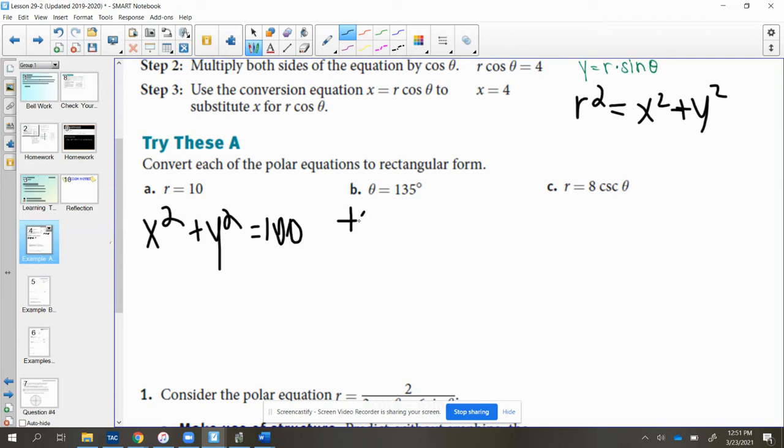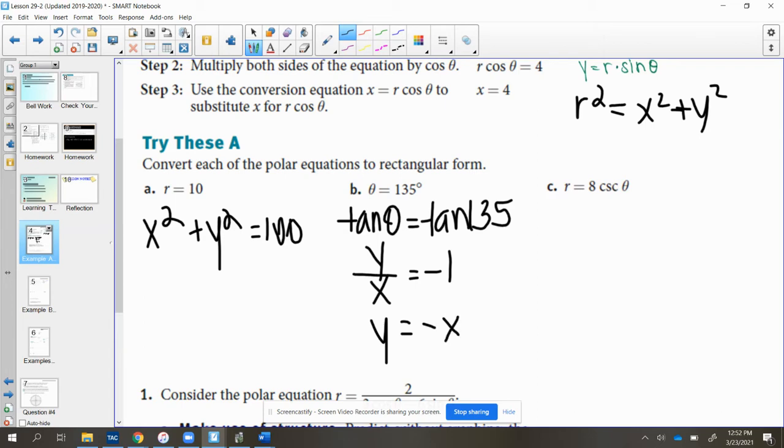And we also talked about how whenever we have these tangent problems, theta problems, if we take the tangent of both sides, we know this turns into y over x. Tangent of 135 is -1, and when we multiply both sides by x, we get this line, -1x, or -x. And then last but not least, example C is very similar to example A up above.